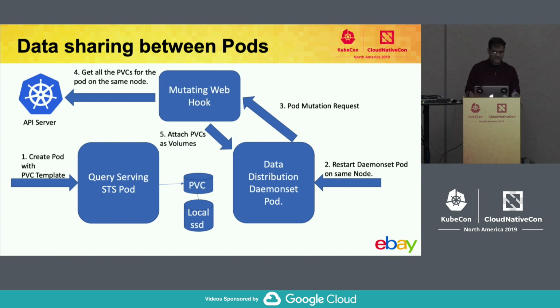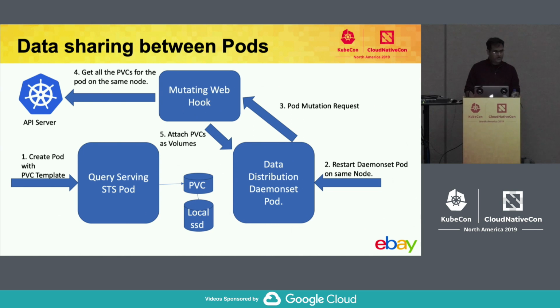We get the PVCs and attach to the spec in the mutating webhook. So when the data distribution daemon set pod gets recreated on the node, it has a list of all the PVCs that it needs to share with the query serving pod. This is one of the solutions that we have built in order to achieve this particular grid pattern.